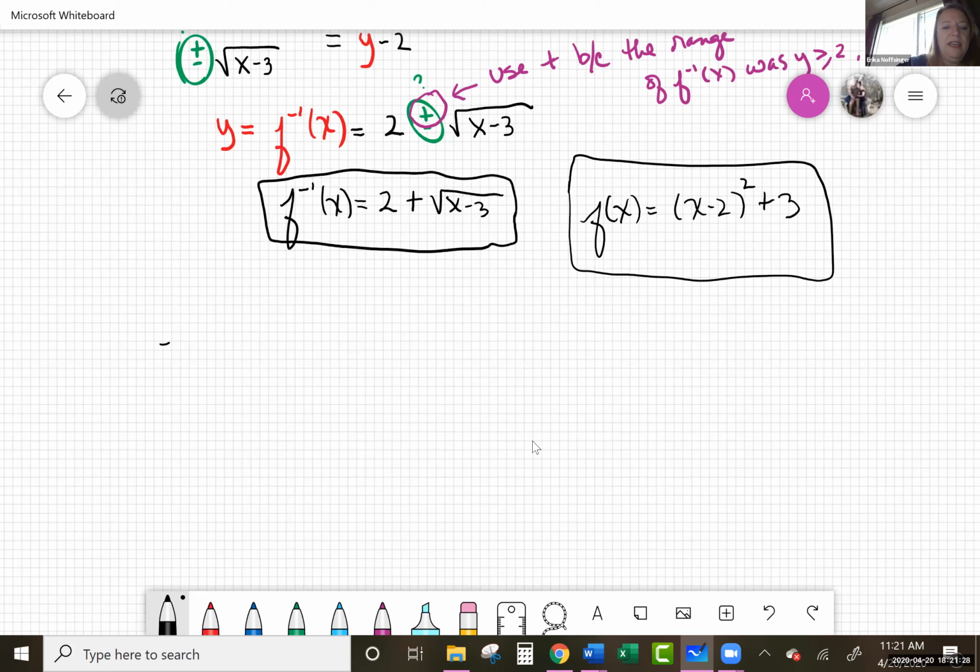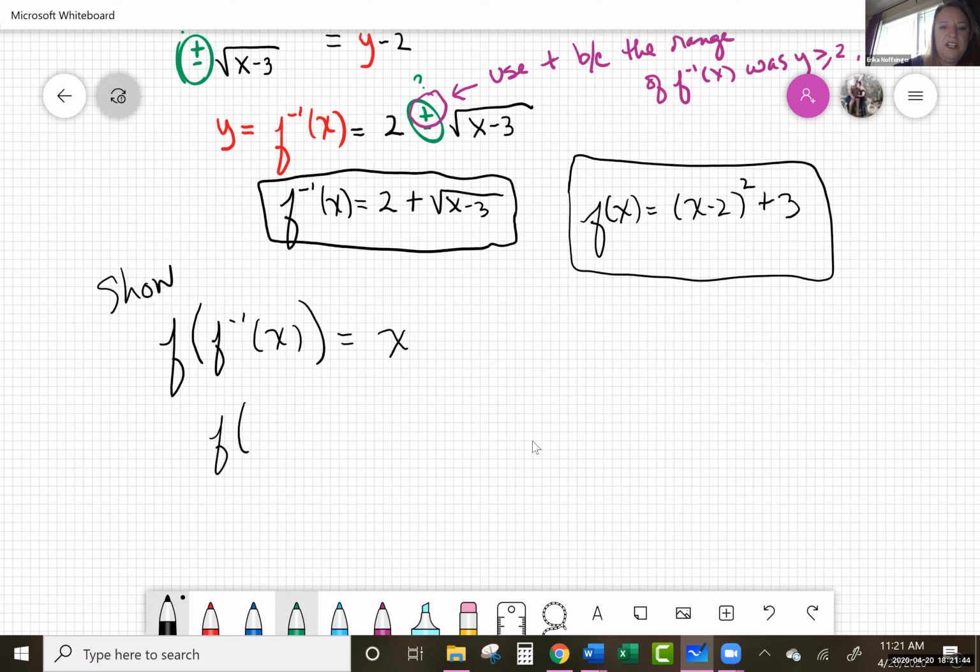And so let's plug the inverse function into f of x and show that we get back x. So our inverse function is 2 plus the square root of x minus 3, and we're going to plug it in wherever we see an x in that function.